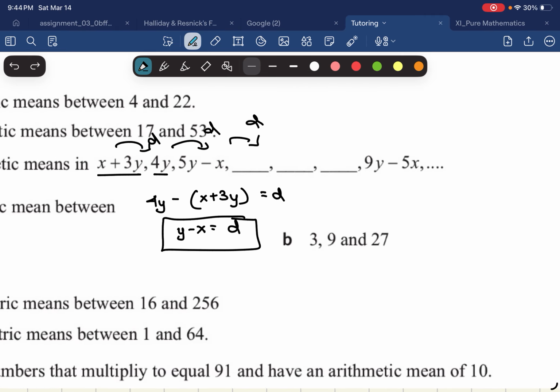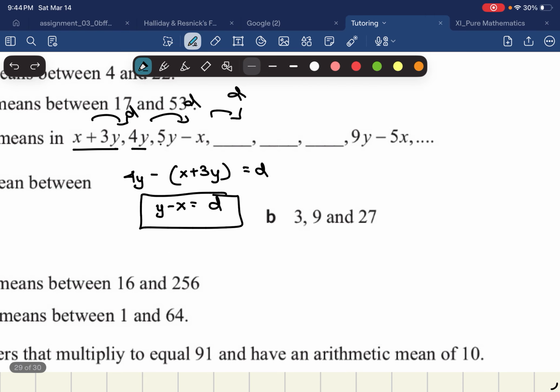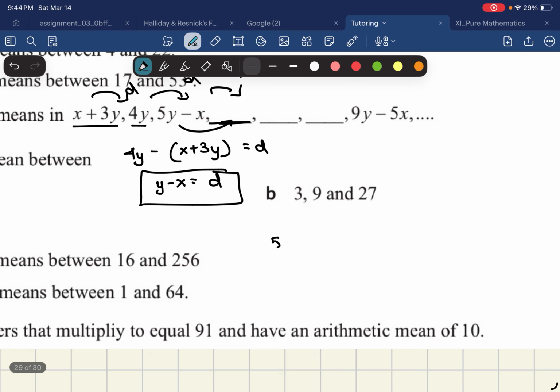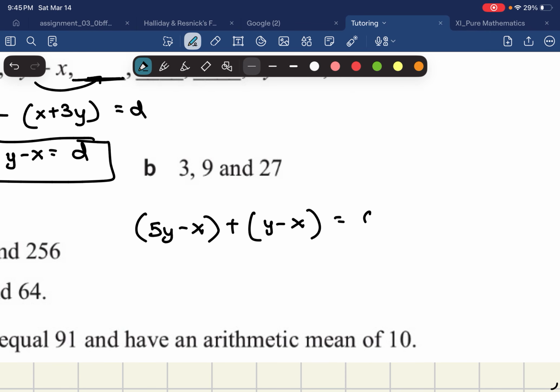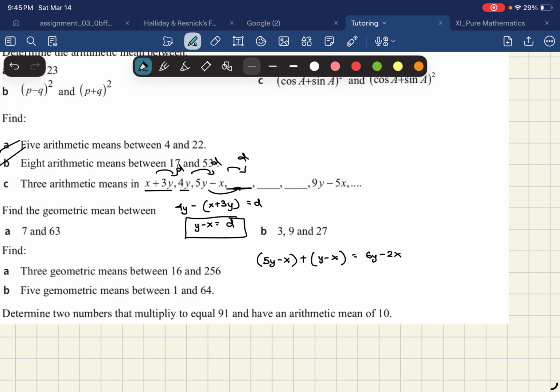So now, your first blank is just gonna be 5y minus x plus your common difference. So 5y minus x plus y minus x gives me 6y minus 2x. So that is my first arithmetic mean.